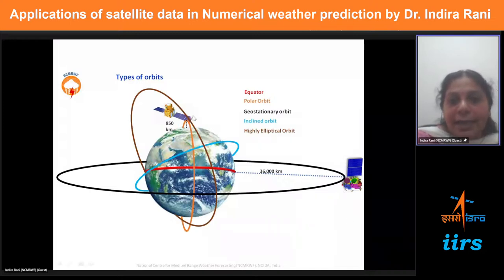In this type of highly elliptical orbit, we have more stationing time over the polar region, and we get continuous observation over the polar area. That's the high importance of highly elliptical orbits. These are the different types of orbits, and we do have many meteorological satellites in these orbits.